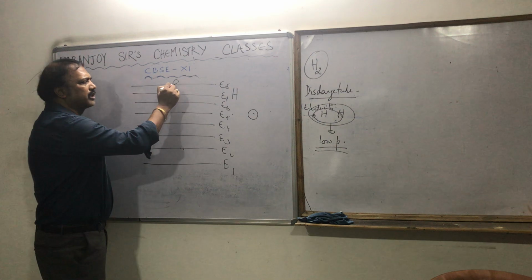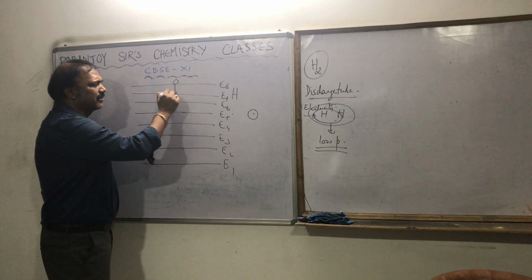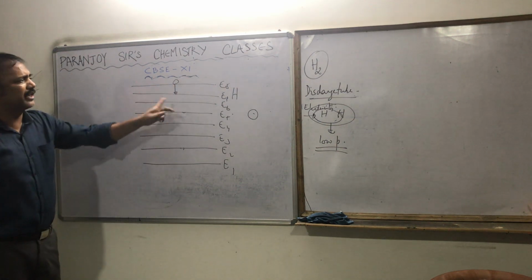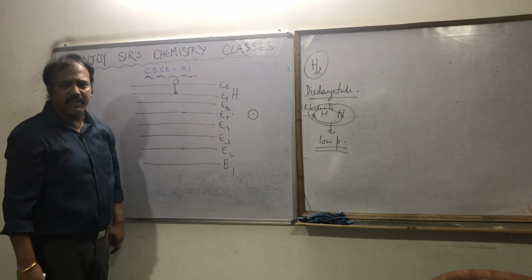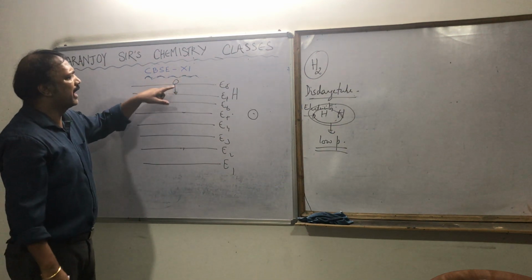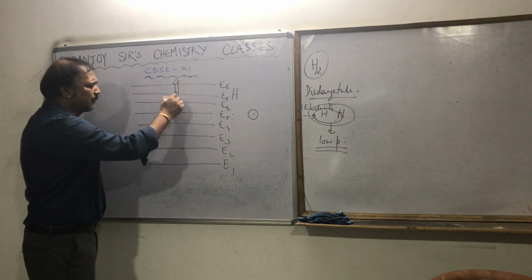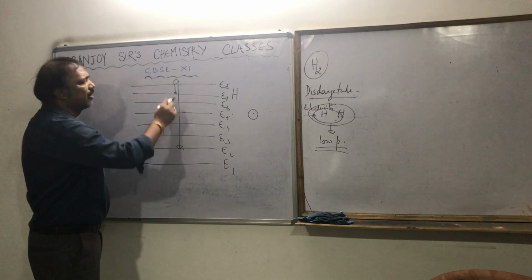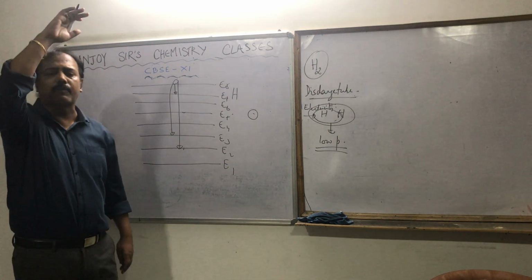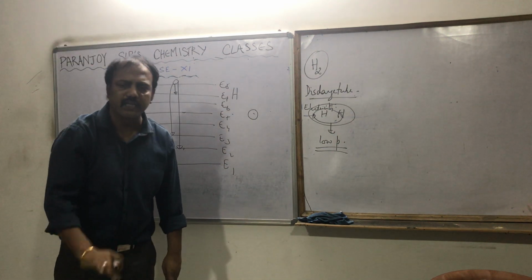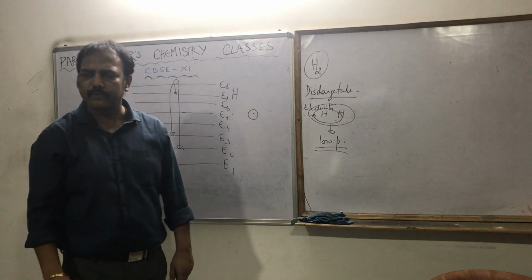If the electron jumps from 8th to 7th, its energy will decrease, because the 8th level's energy is more than the 7th level's energy. So if it jumps from 8th to 7th, or from 8th to 2nd, or from 8th to 3rd, it is jumping from higher energy to lower energy, and its energy is decreased.